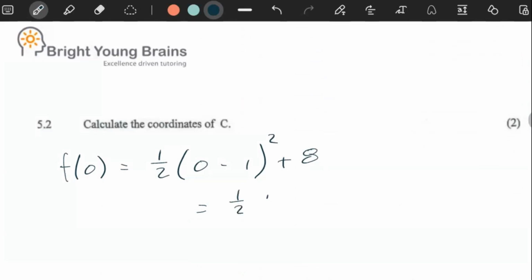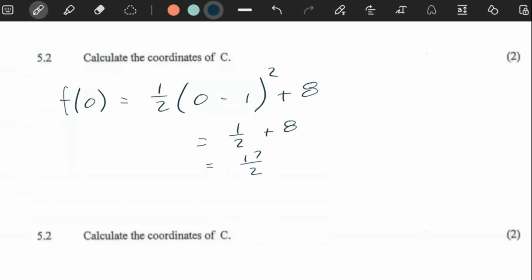So here we technically have a half plus 8, which is clearly going to give us 8 and a half, which is 17 over 2. So this is something we can also just get in our calculator. Before moving on, we have to give our answer as a coordinate, you see. Otherwise, you can easily get penalized.